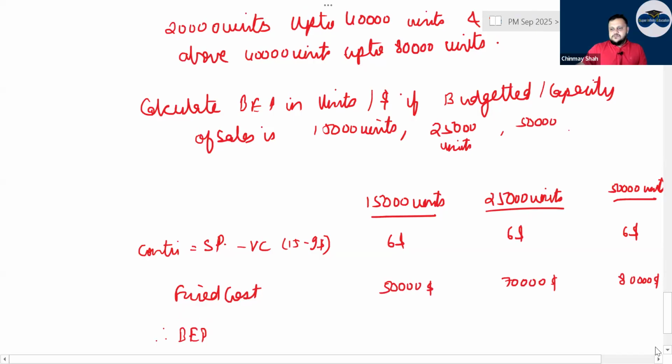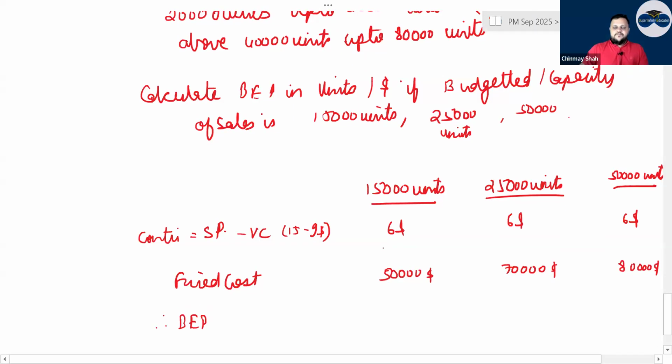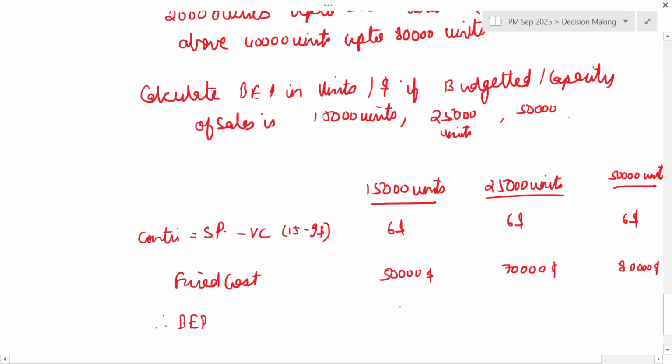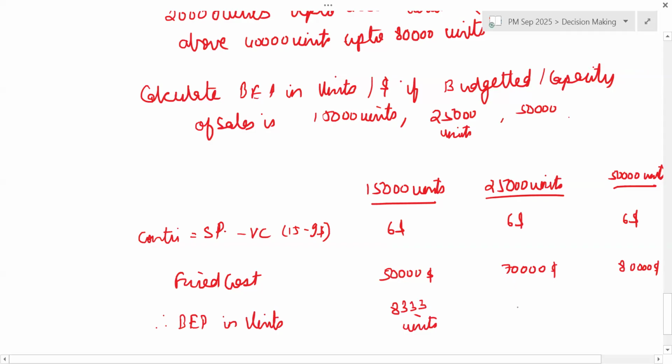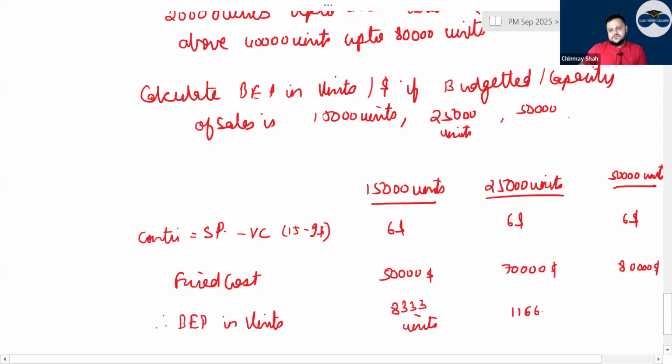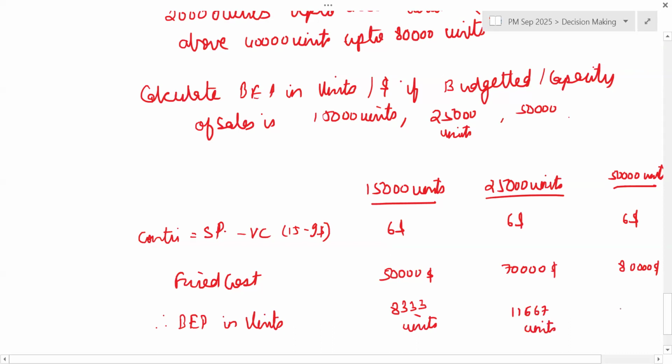Tell me in units first. In units done. Then next, 11,667 units. Last but not the least, 13,333.